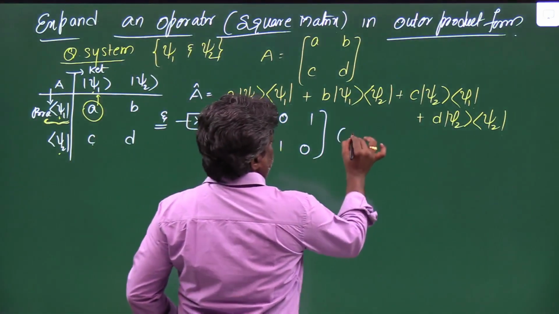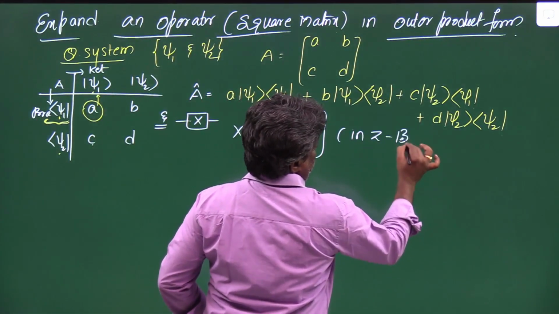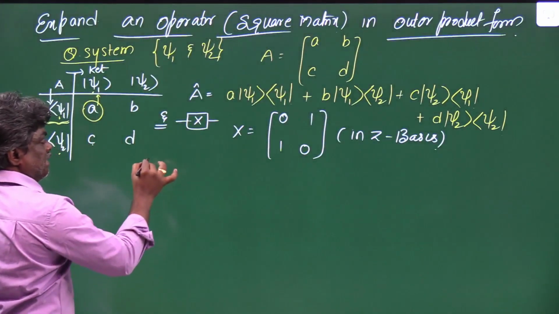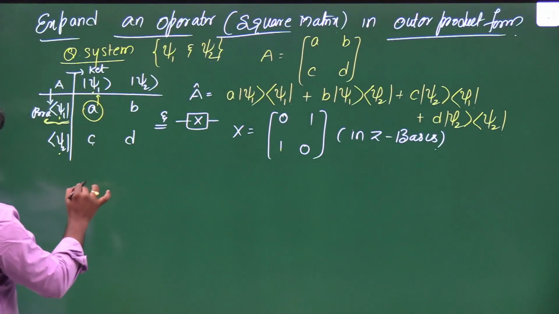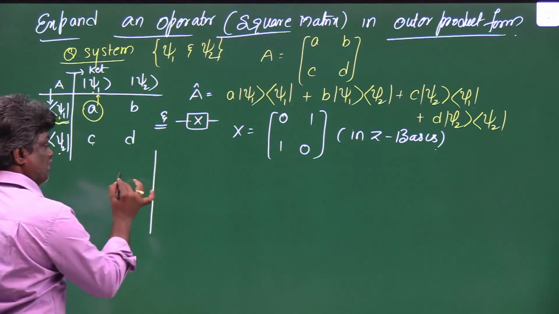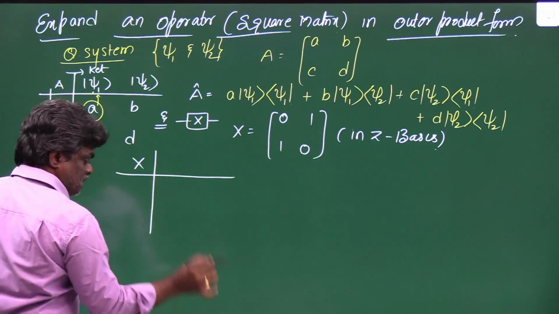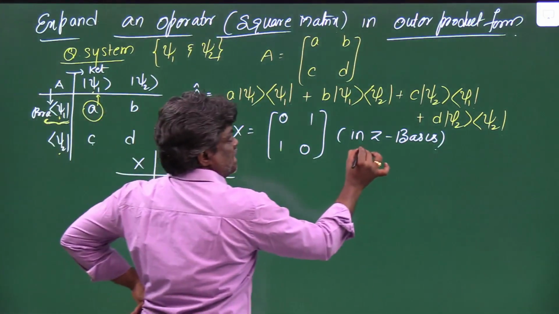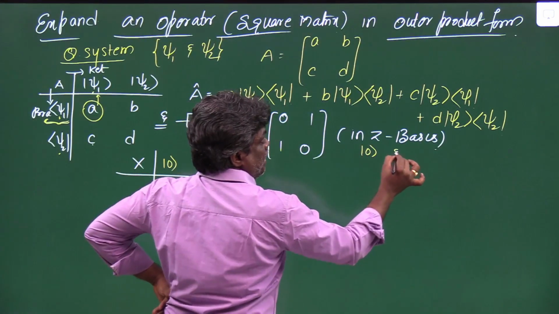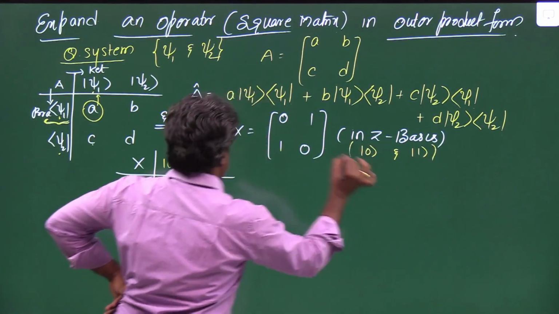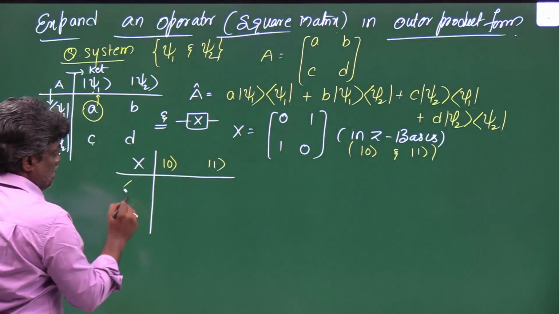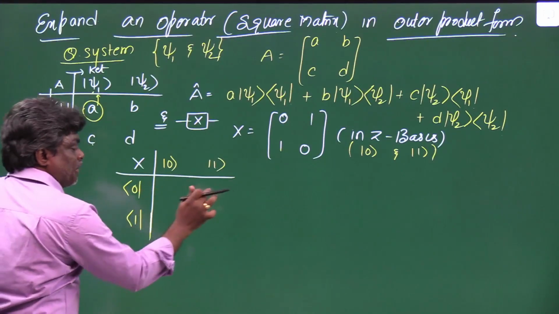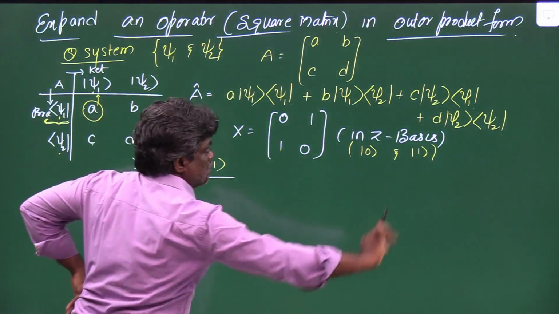Now let me write this matrix in the form of this notation. Now my matrix is X. My basis states are 0 and 1 because it is the Z basis. Now here bra and here ket. Now I request you write the elements and write the corresponding outer product.